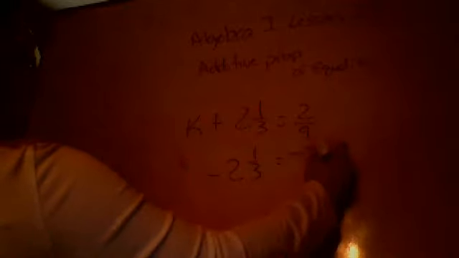Let's look at another one with fractions. These equations are not any different than what you're used to seeing. The only difference is you've got fractions and you've got fraction rules. So the opposite is negative 2 1/3 added to both sides. So clearly that becomes 0.